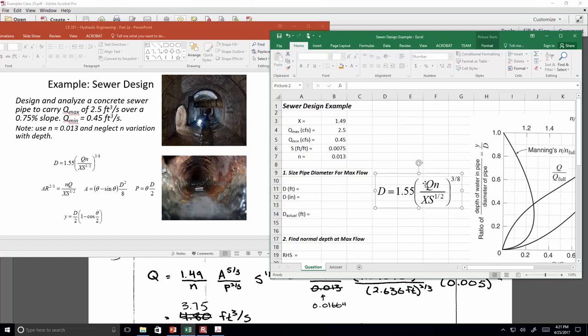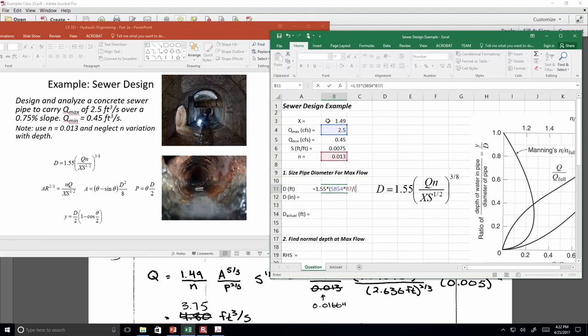So here's the formula. This is just Manning's equation rearranged to solve for the diameter assuming circular flow. So if we had the perfect size pipe to accommodate the flow with no excess headroom, this is going to tell us what that diameter would be. And we're going to solve for it in feet to begin with. So 1.55 times Q max times the N value divided by the X value.